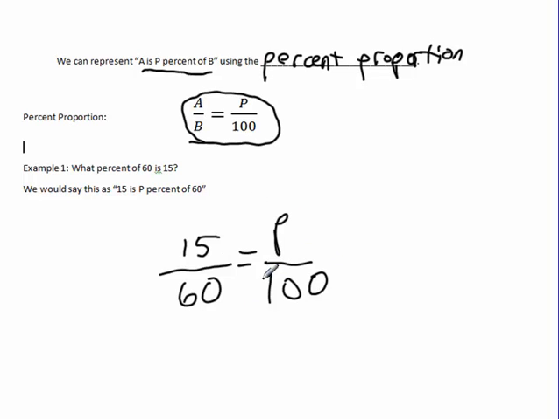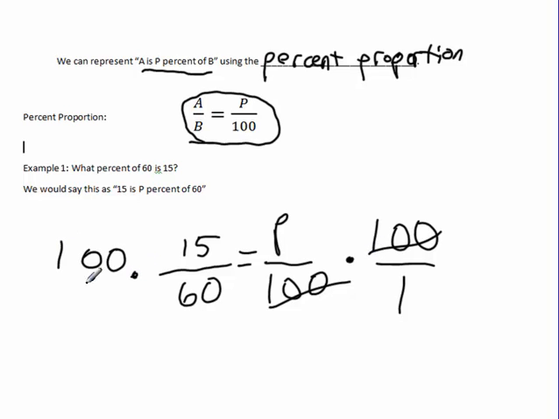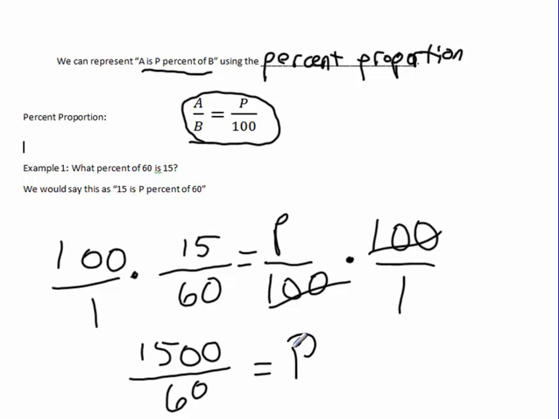We solved problems like this a lot so far, so we can multiply both sides by 100 over 1. And again, that's going to cancel my 100s. 100 times 15 is 1500 over 60, and that's the value of P. We can use our handy-dandy calculators here.